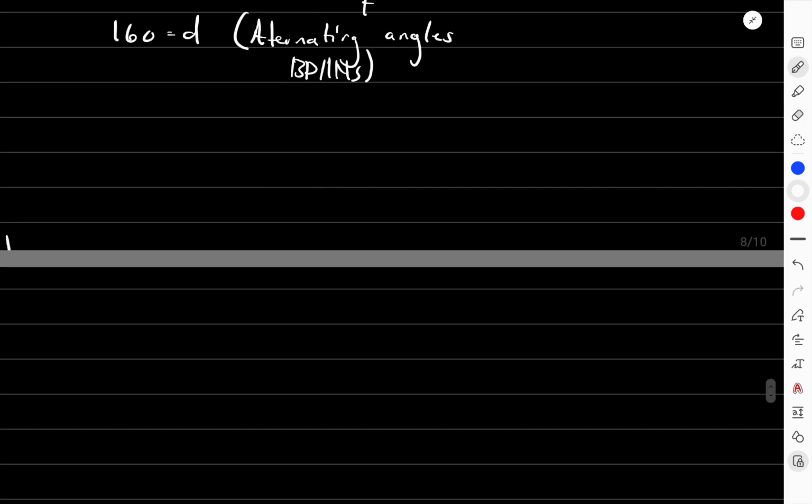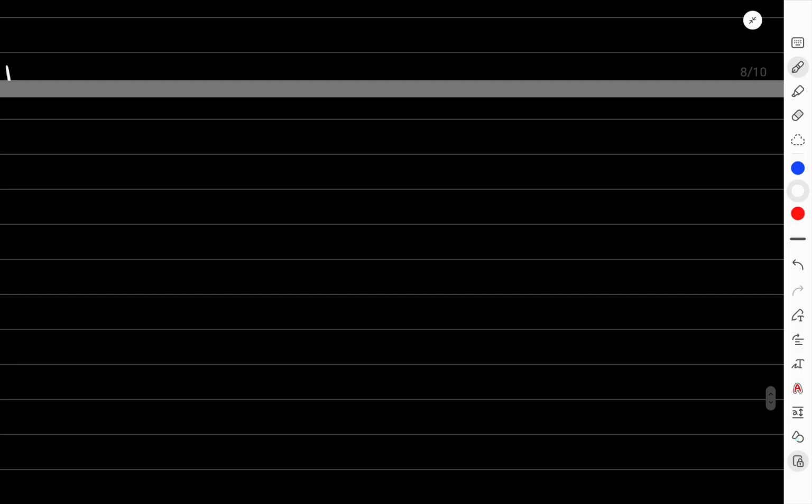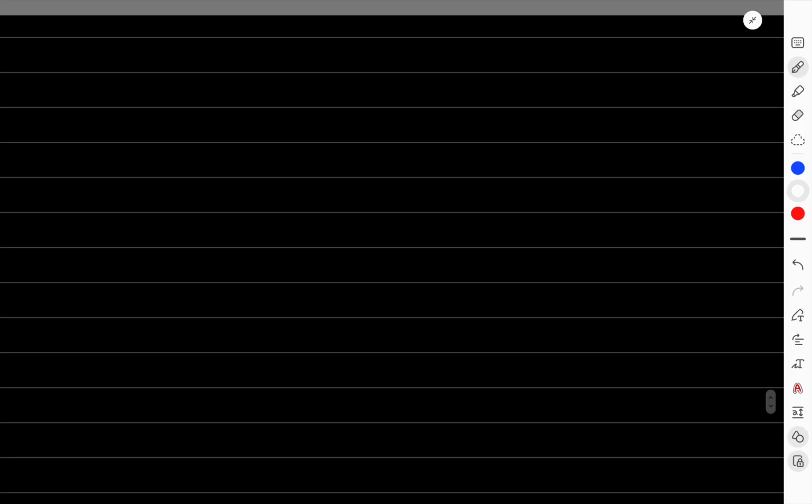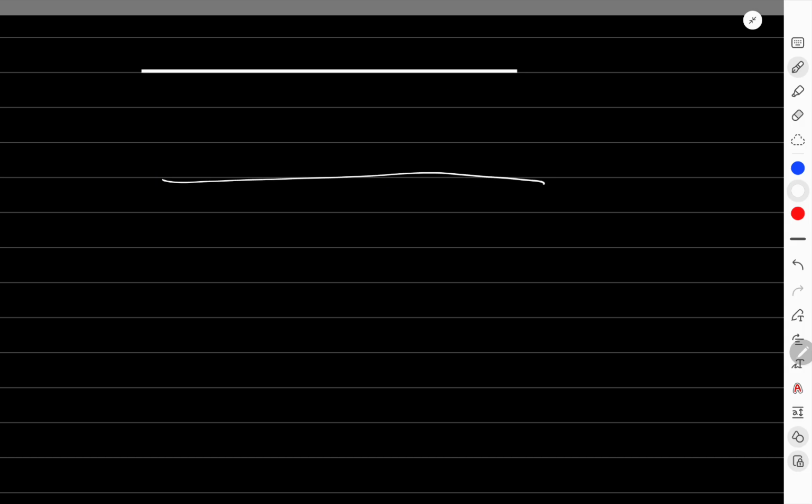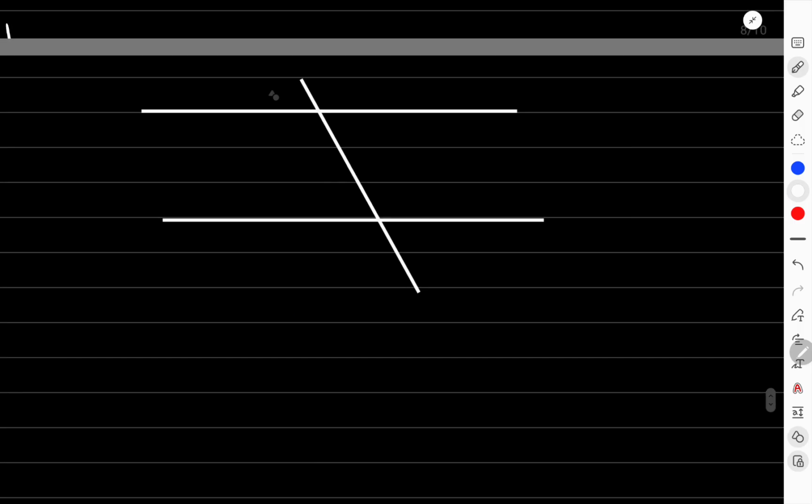Now let us look at here as well. This structure again. I'm required to calculate the value of X. Now for me to find the value of X under alternating angles, let me just assume I'm given this structure whereby here I have 80 degrees.